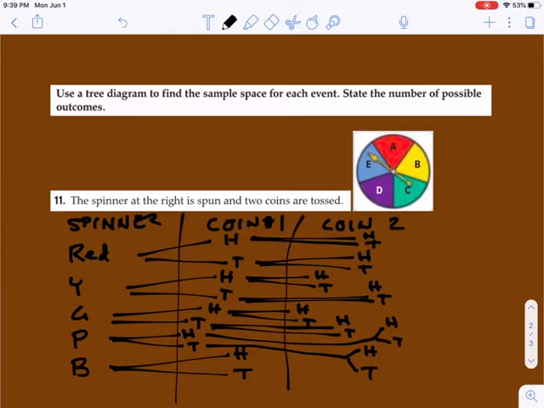So you start with your color and then you branch off, and then pretty much it says state the number of possible outcomes. The number of possible outcomes is always going to basically be what you have in your last column on the right. So I would say, well, I have 1, 2, 3, 4, 5, 6, 7, 8, 9, 10, 11, 12, 13, 14, 15, 16. So I have 16 outcomes, okay, is what this is telling me if I did this right.